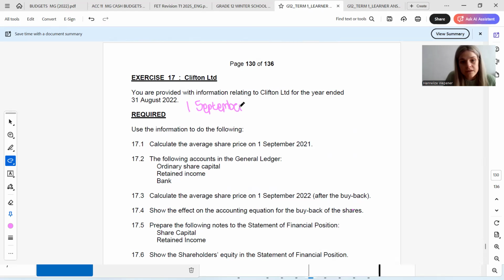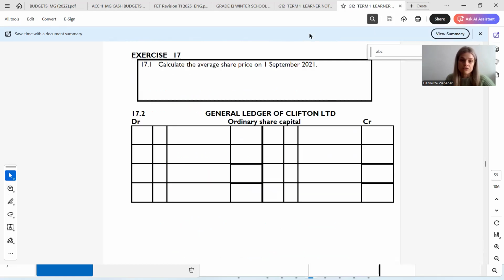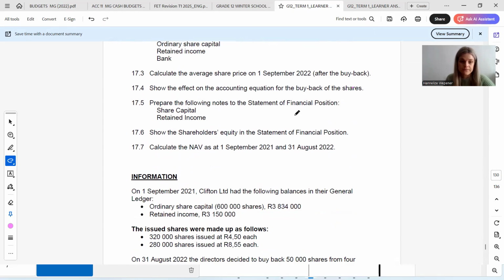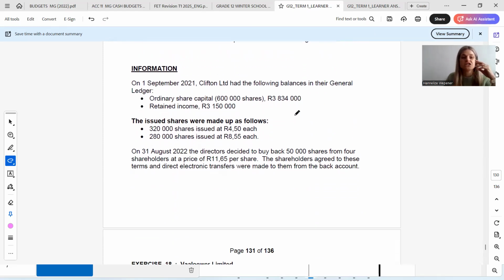In other words, they are asking for your average share price on the first day of your current financial year. Then in the information, it says that you had the following balances in your general ledger on the 1st of September 2021. So in other words, on the first day of your current financial year.